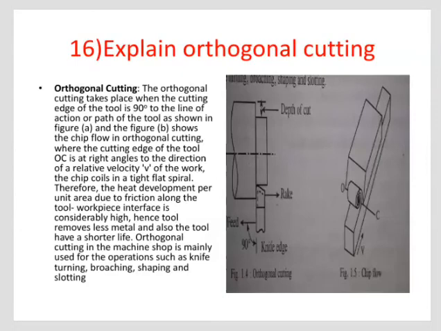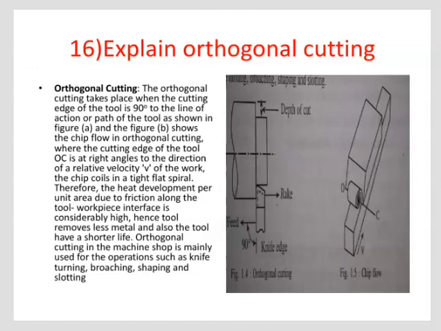The next is: explain orthogonal cutting. Orthogonal cutting takes place when the cutting edge of the tool is 90 degrees to the line of action or path of the tool, as shown in the figure. Here the chip flows in orthogonal cutting where the cutting edge of the tool OC is at right angles to the direction of the relative velocity V of the work.